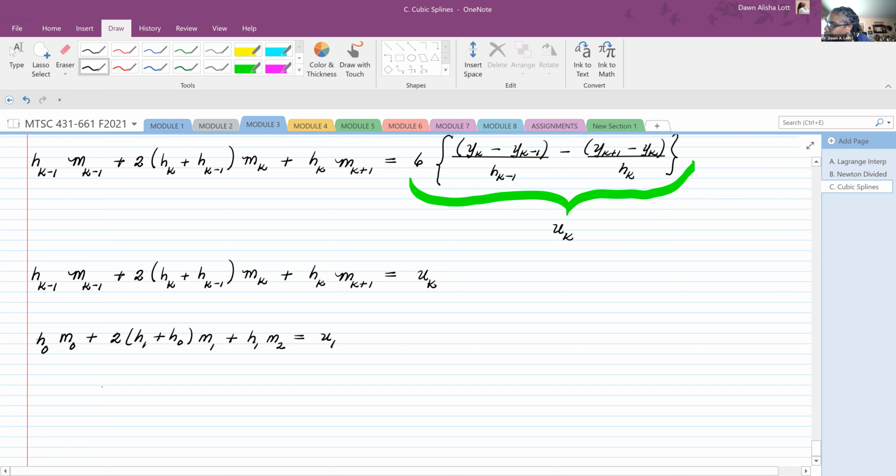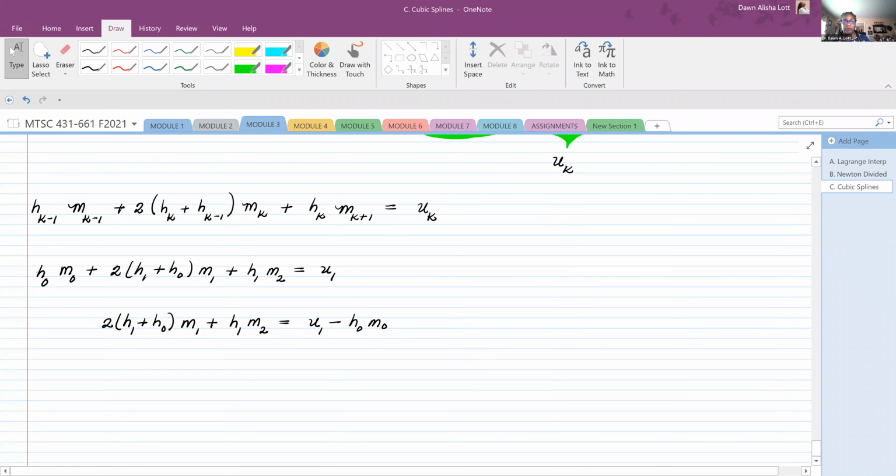So we're going to get 2 times h1 plus h naught M1 plus h1 M2 is going to be U1 minus h naught M naught. Because now we find M naught, right? So notice how we were able to eliminate M naught from our system. Okay, so this is equation 1.